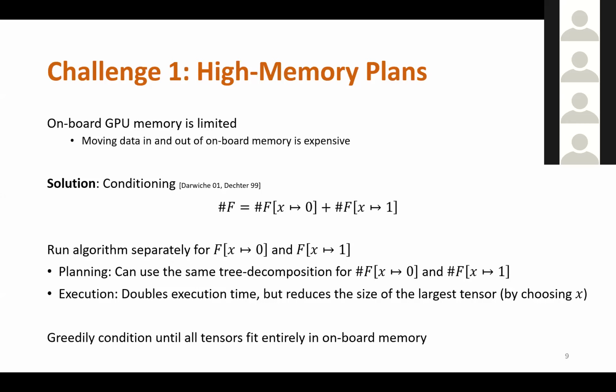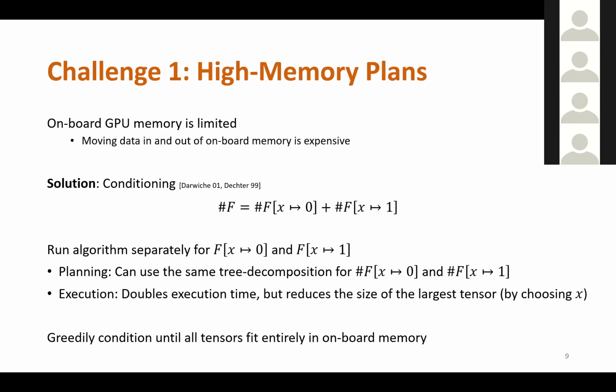And when we do that, that means that we don't increase the size at all of the planning stage because we still use just a single tree decomposition. But we run the execution stage twice. So we essentially double the execution time of the execution stage. But in return, if we choose the variable x well, so that it was involved in the largest tensor, this reduces the memory footprint that we need to run the execution stage.